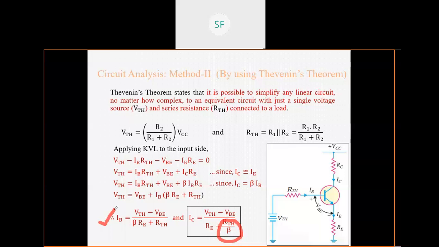Method 1? You were asked to calculate the base current, so which will you use, method 1 or method 2? 2. Right, 2, because in method 1 you approximated IB equals 0, so how will you get the value? So if in the question the value of IB is to be found, then you shall go with method 2. So remember this is the first point.